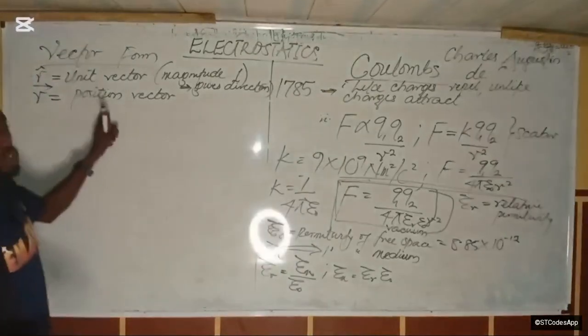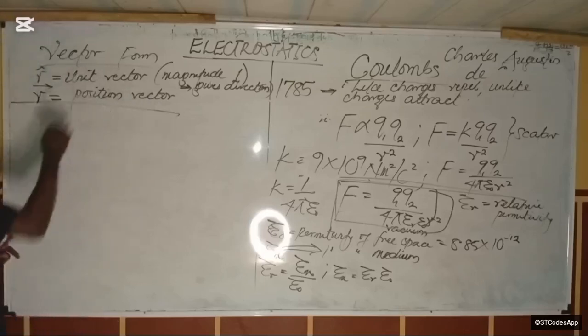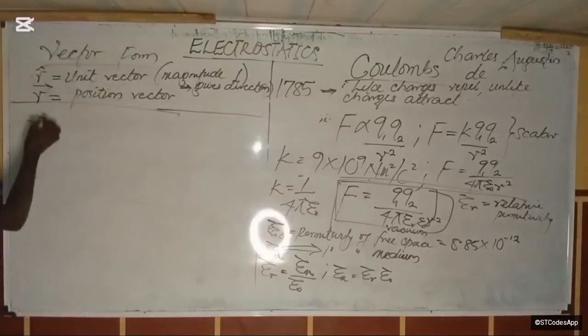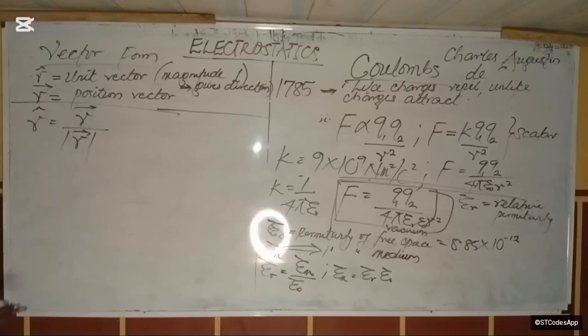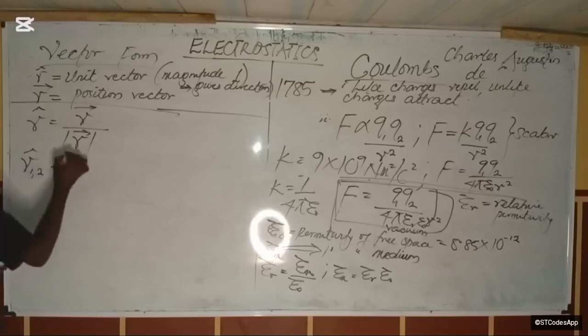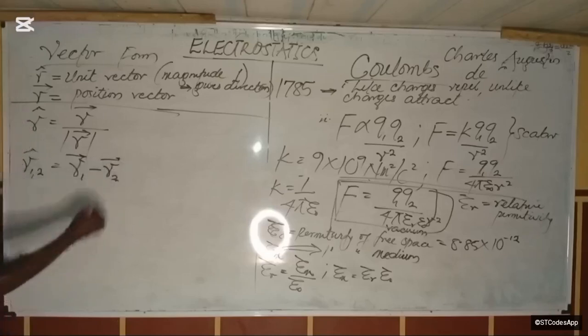But this guy is a position vector. Mathematically, the relationship between unit vector and position vector is that R caret is equal to the position vector over the magnitude of the position vector. If I take the unit vector from 1 to 2, it means I'm taking the position vector of 1 minus that of 2.